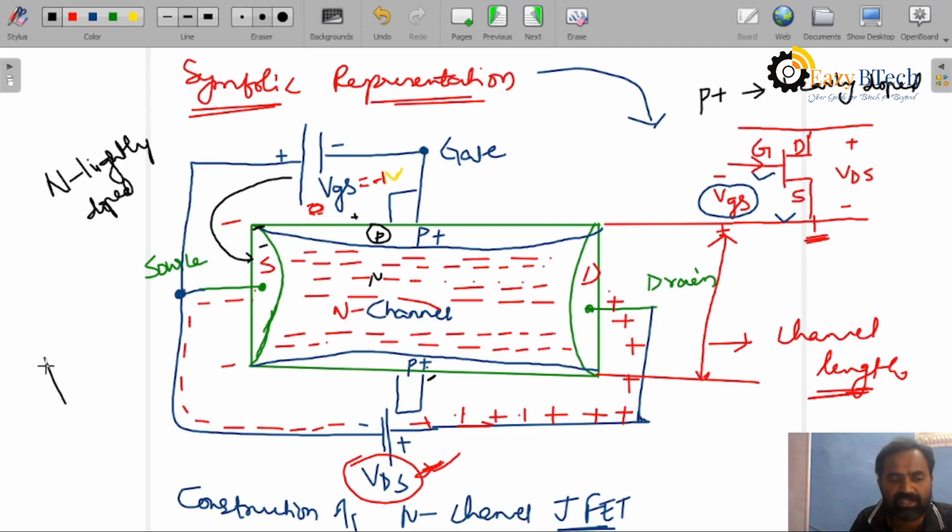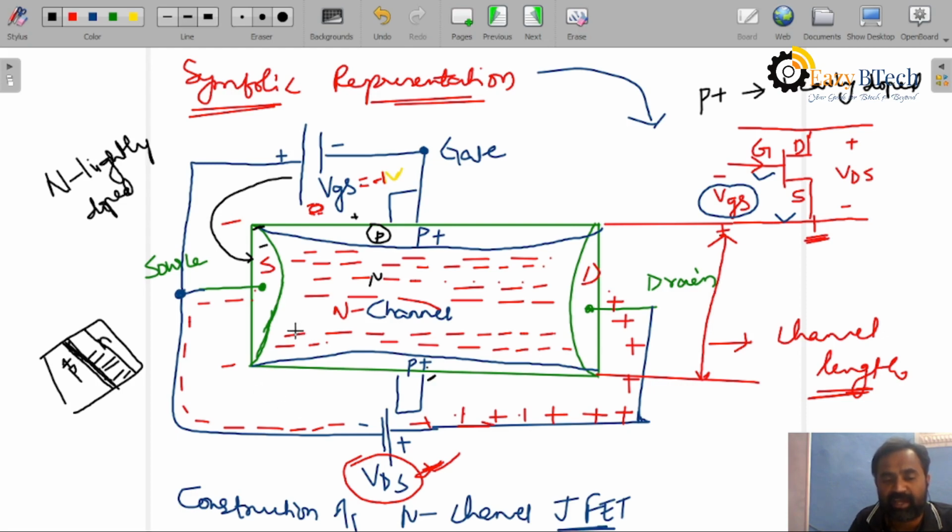Now suppose you can see this is a material, it is P plus, it is N. Now N is lightly doped, P is heavily doped, then the width in the P side is this much, but in the N side this much. Is it clear? Here the width is very narrow, but here the width is very wide. It means due to lightly doped, more width expansion takes place in the channel.